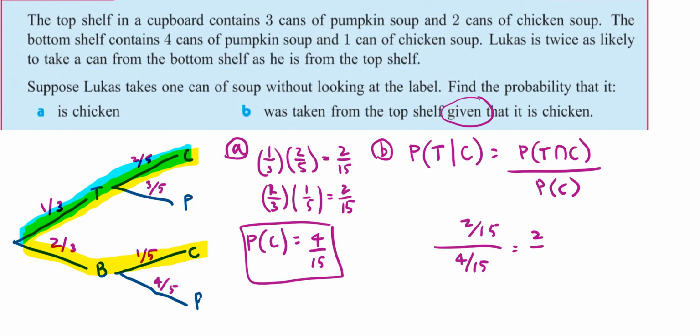So we're going to change it to multiplication, and then we're going to flip our denominator. Conveniently, the 15s are going to cancel out, and I just get left with 1/2. So the probability of choosing from the top shelf given that I had chicken is 1/2.